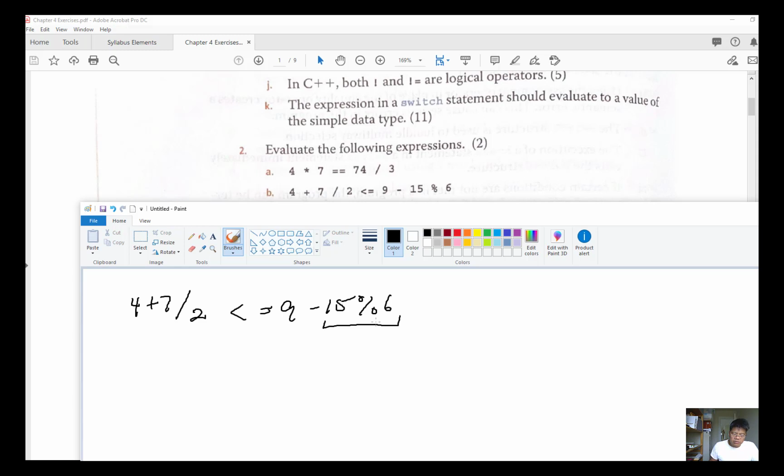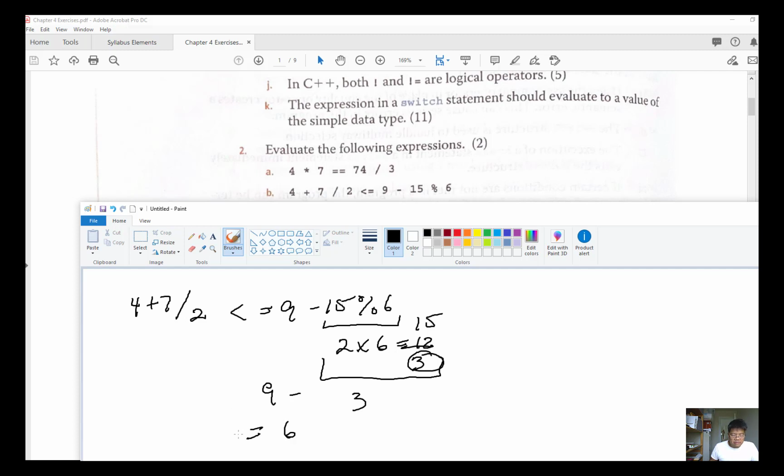When you look at a percent, which is a remainder, what's 15 mod 6? It's basically 2 times 6 equals 12, and you take the difference between 15 and 12, which is 3. So all of this comes out to 3, and you take this 9, subtract 3, equals 6, right?